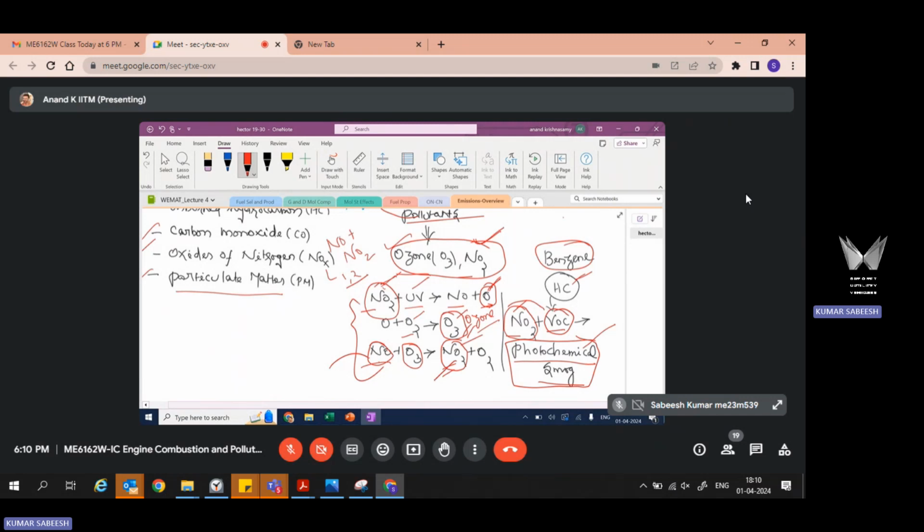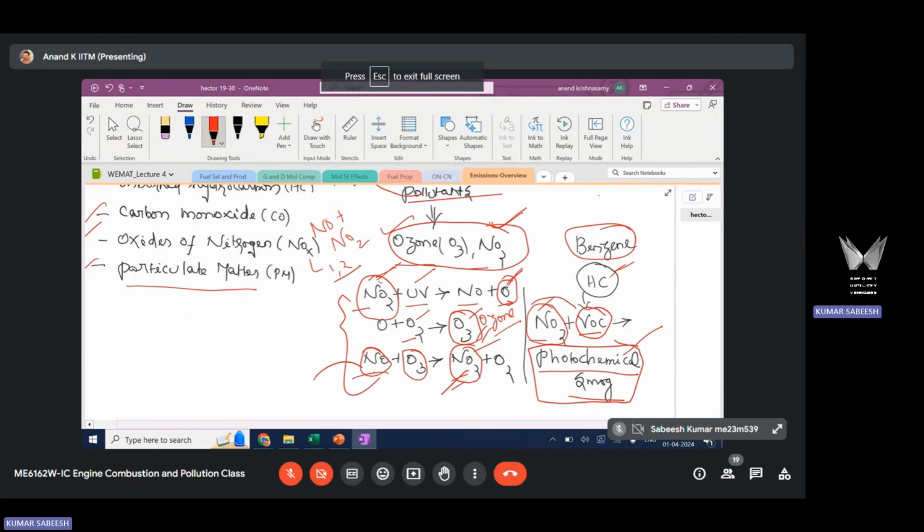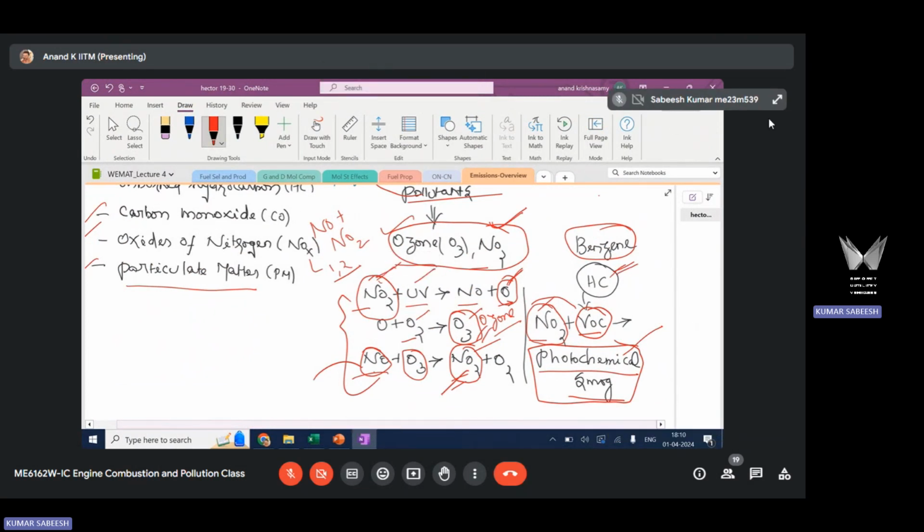The partially oxidized species that miss combustion are categorized as HC from the tailpipe. So you have various unburnt species coming out of the tailpipe, and among them, some are designated as volatile organic compounds. This volatile organic compound reacts with NO2 and forms smog. Smog will obstruct visibility at ground level.